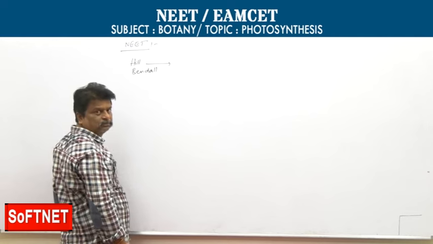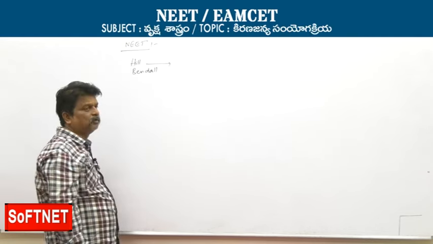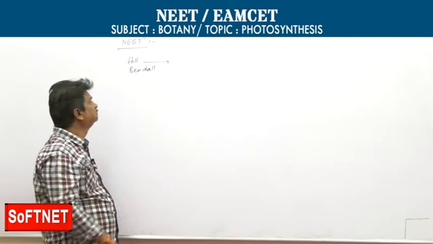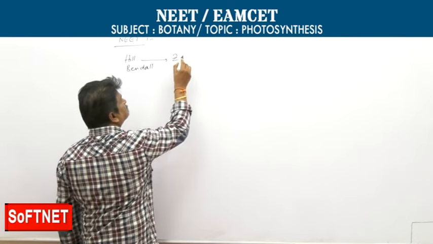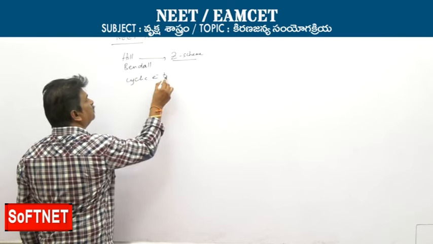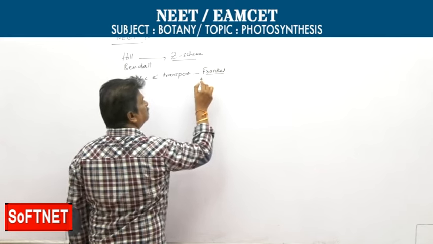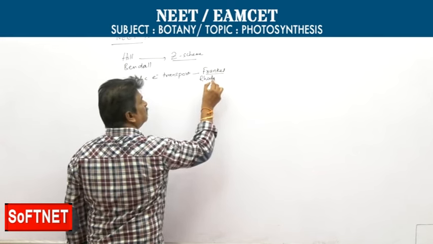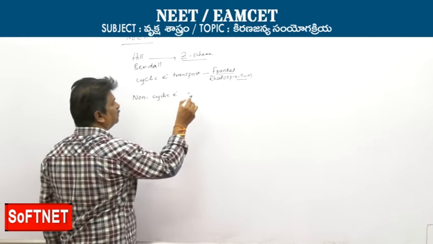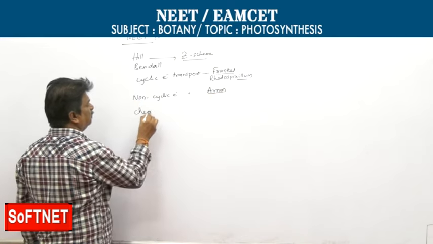Hill and Bendall proposed the flow of electrons in non-cyclic, that is Z scheme. Cyclic electron transport was discovered by Frenkel in Rhodospirillum. Non-cyclic electron transport was discovered by Arnon.